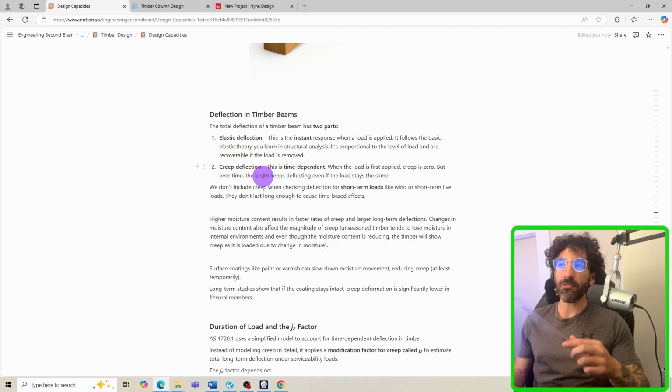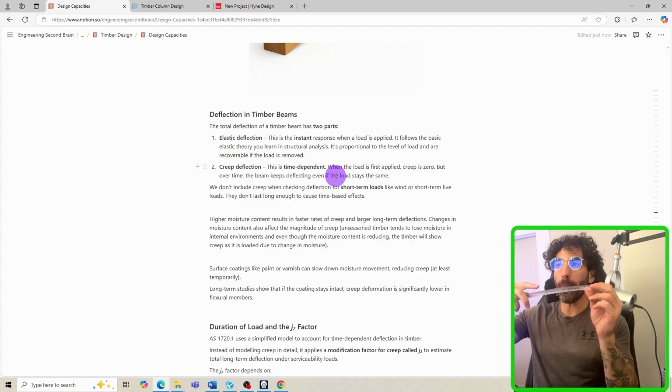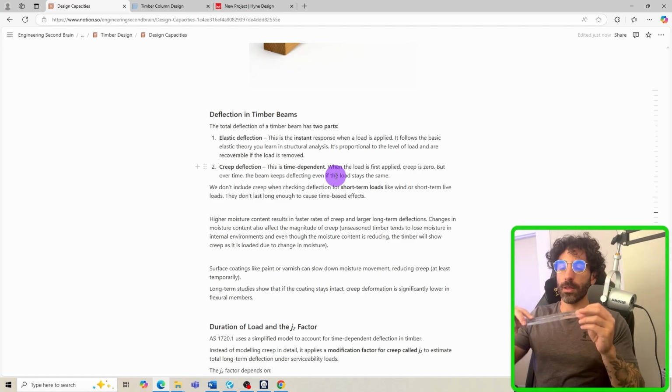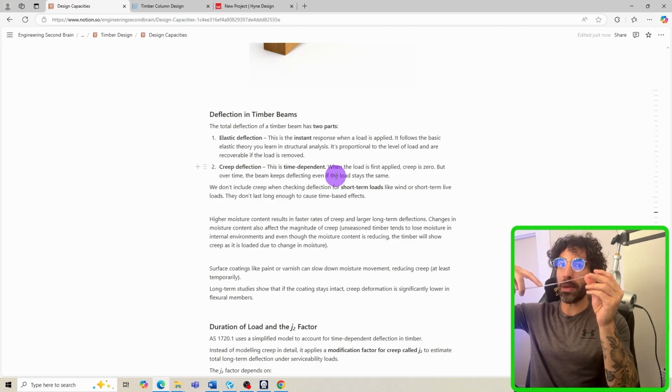Now, creep deflection is a time-dependent deflection. At the moment that you apply the load, the creep deflection is 0.